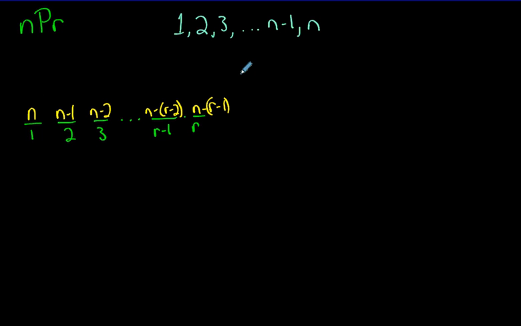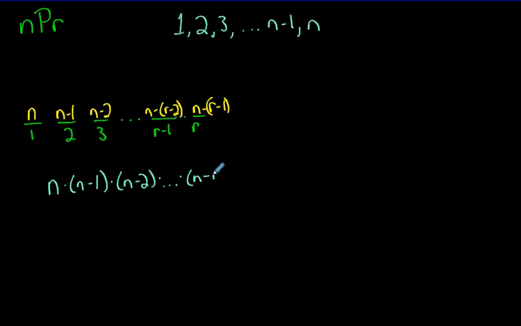if I wanted to find the total number of possibilities, I would multiply all those things together. So we've got n times n minus 1 times n minus 2 times dot dot dot, lots of stuff in the middle, times n minus, now I don't like putting parentheses inside of parentheses when I don't have to, so let's distribute that negative.